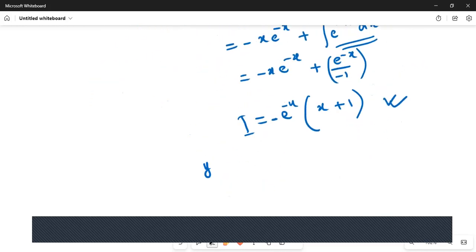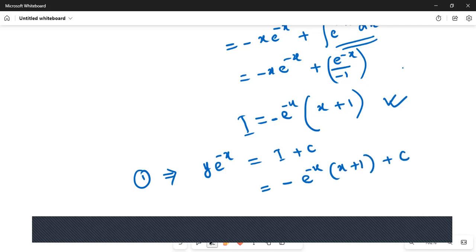So y e power minus x, you can write from 1. The equation was I plus c. So I is minus e power minus x times (x plus 1), plus c. And this is y e power minus x.